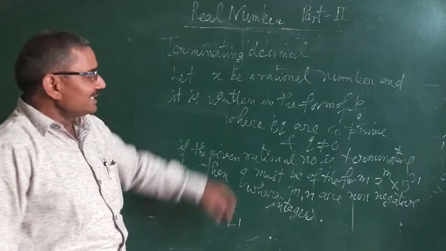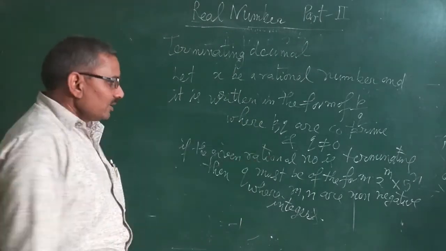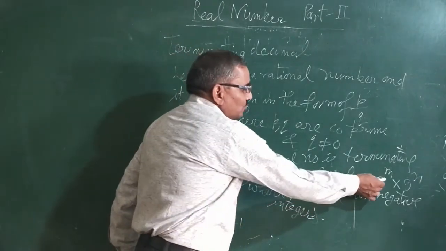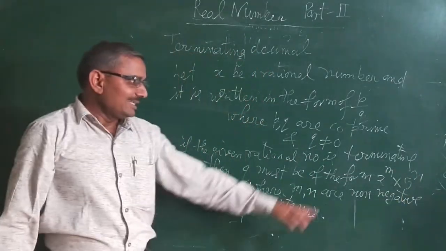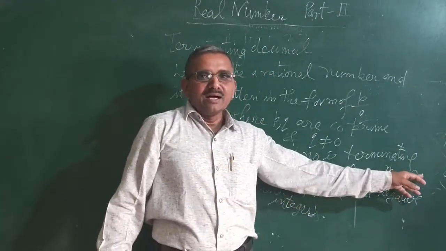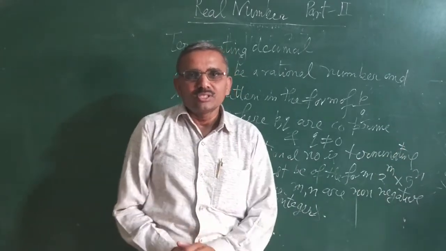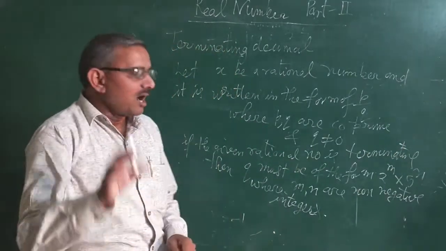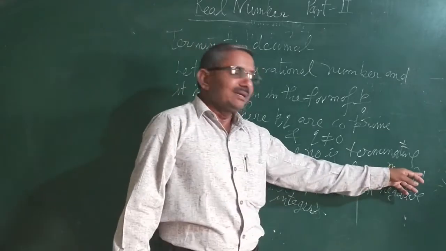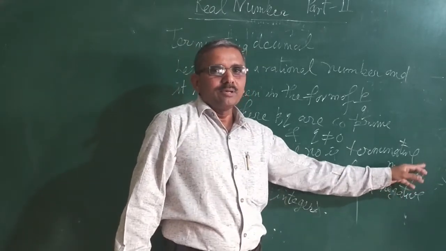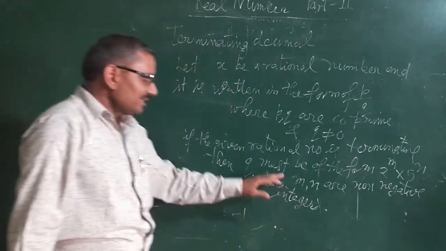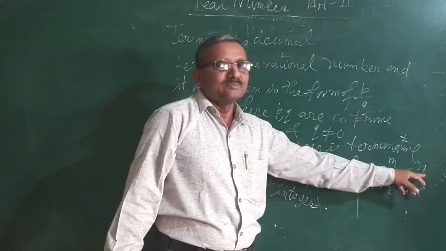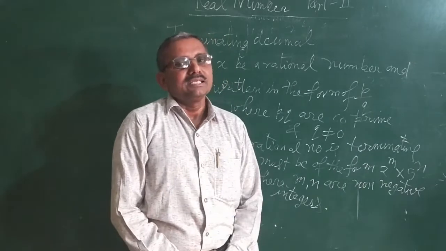It will terminate only when q is of the form 2 power m into 5 power n, where m, n are non-negative integers. Non-negative means it may be positive or 0. m and n can also attain the value 0, but here the value of m and n will not be negative.